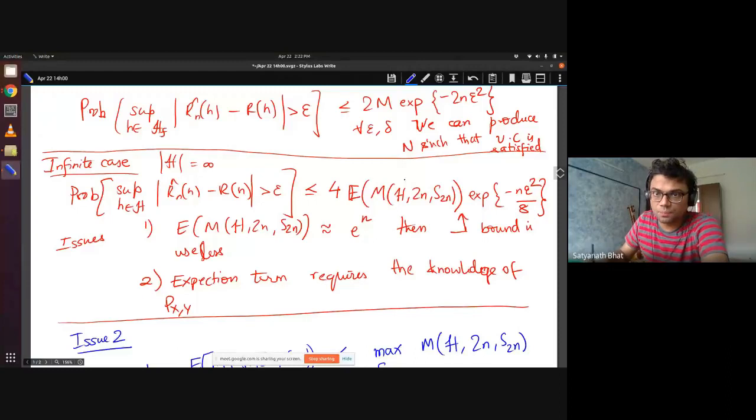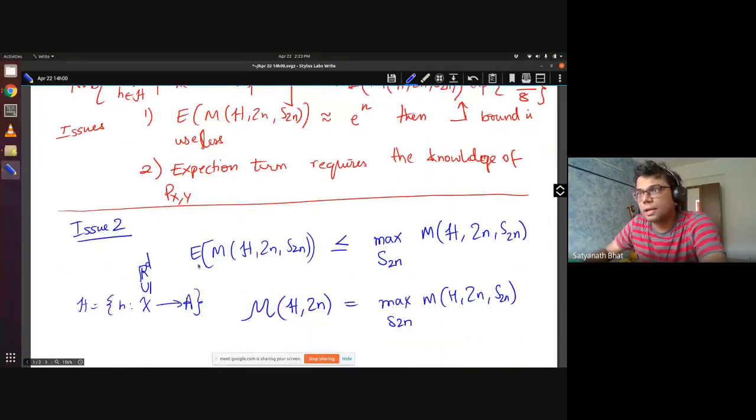A trivial bound is 2 power 2n, since for 2n samples there are up to 2 power 2n distinguishable hypotheses. There are two issues when you want to use this. One issue is that if it is 2 power 2n, essentially an exponential term in n, then this bound is useless. So this is issue number one. Issue number two is that this expectation we don't know how to compute.